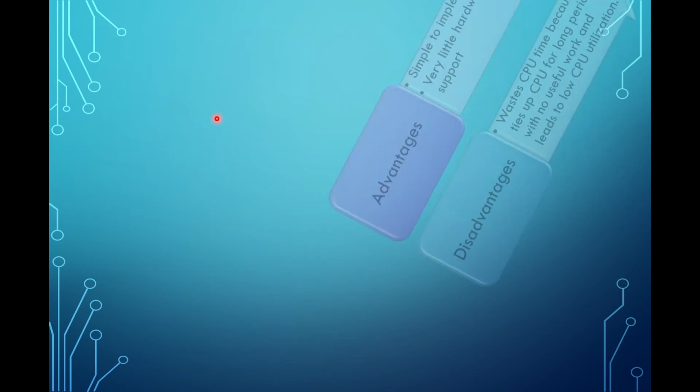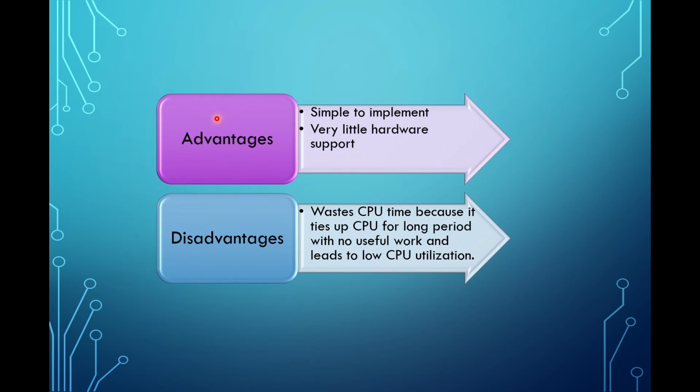There are some advantages and disadvantages involved in this IO operation. The advantages of programmed IO are that it is simple to implement and it requires very little hardware support. Simple to implement means any CPU can implement this technique. The disadvantage is that it clearly wastes CPU time because it ties up the CPU for a long period of time with no useful work and leads to low CPU utilization.